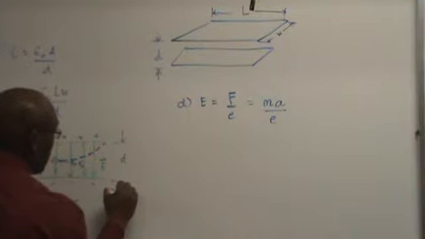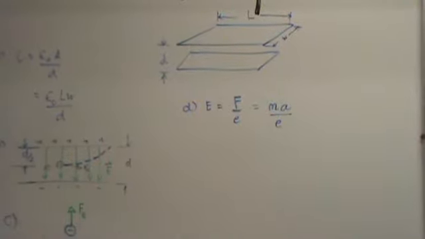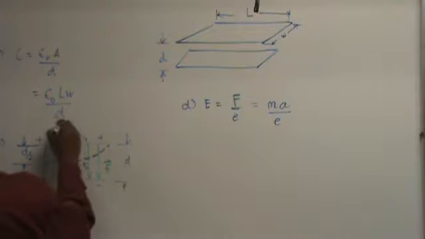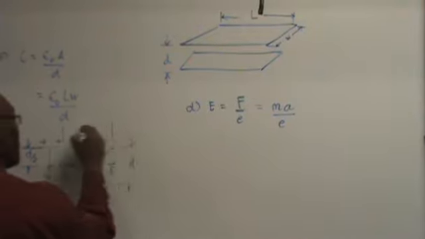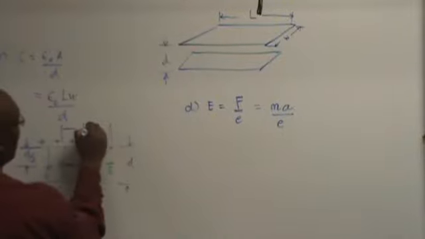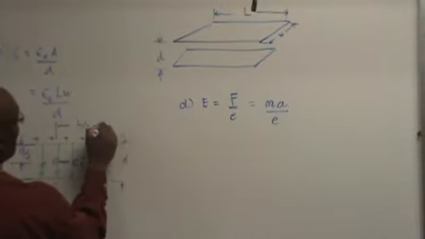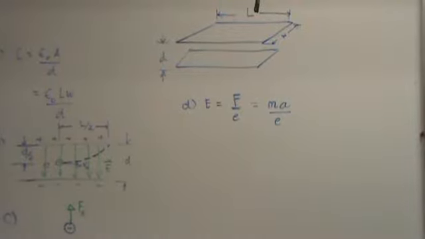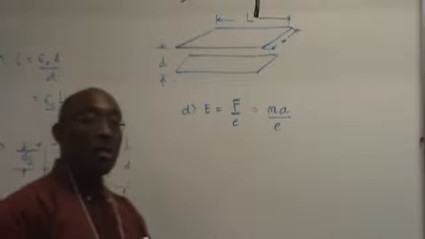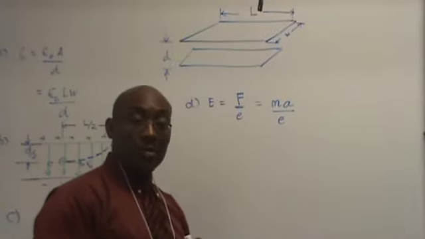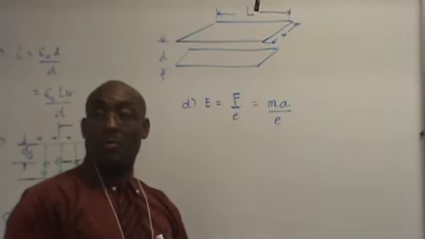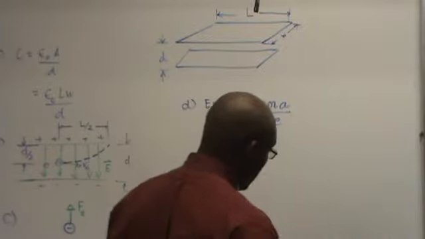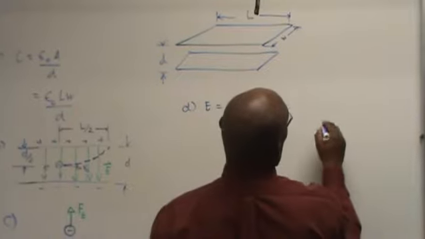That's d, so that must be d over 2. And from here to the end is L over 2. It's midway. So if we go back to our kinematic equations for projectile motion.